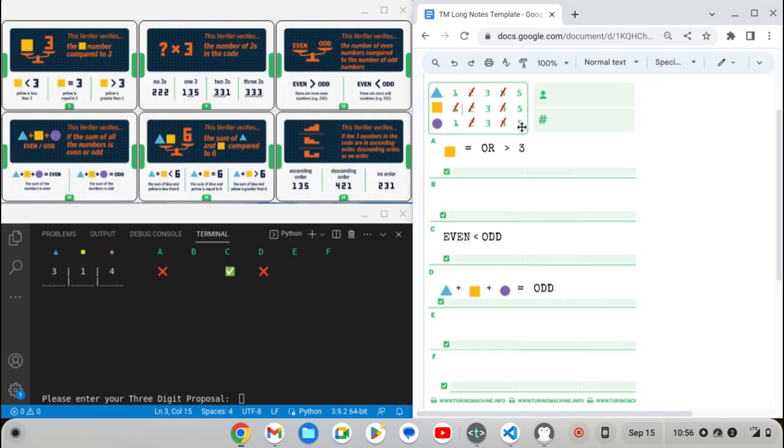Let's see, what about if the sum were 6? Then it would force 1 and 5. It would force triangle to be 1 and square to be 5. And I guess maybe that's it. Maybe the sum is 6, but only with one 3.